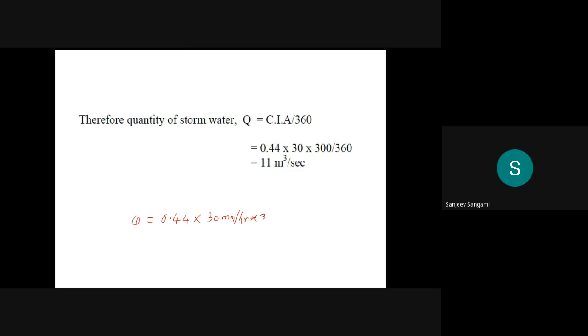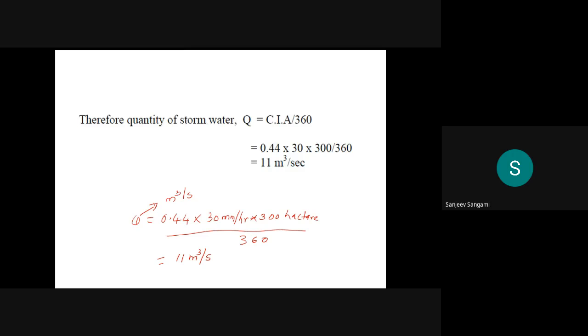Then it is 300 hectares divided by 360. Then whatever you are getting here, it should be in meter cube per second. So then we got the stormwater flow as 11 meter cube per second.